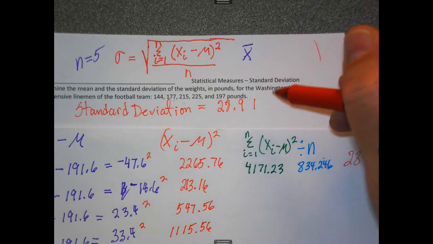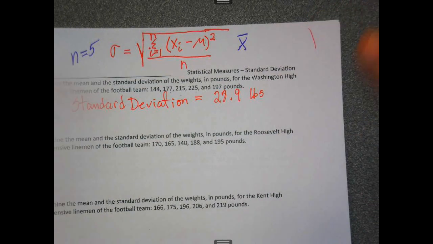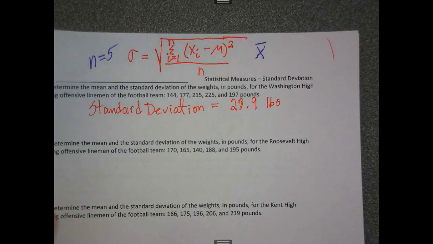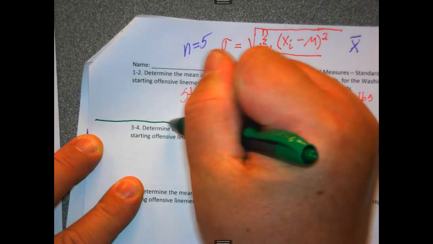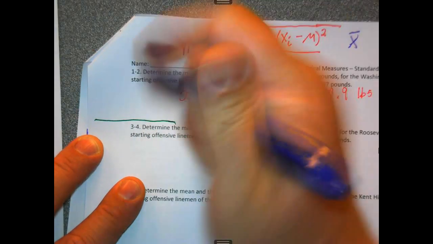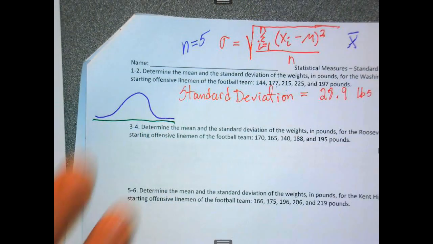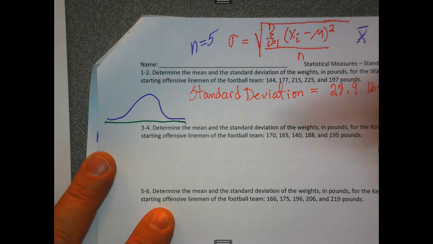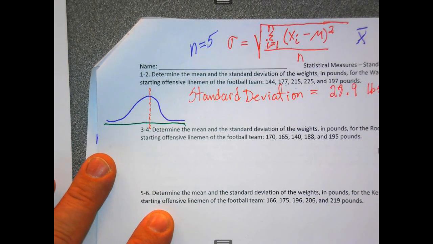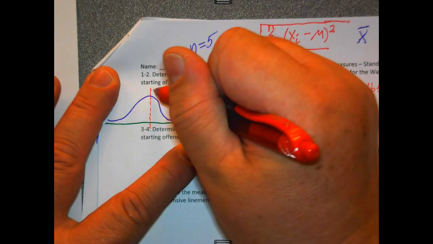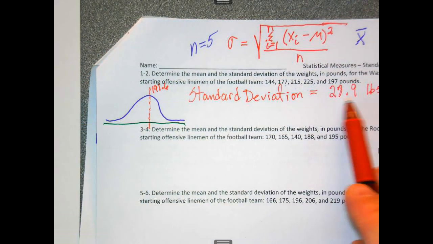Now, what does this mean? This means on our normal distribution curve, no, you don't have to put this on there. Here's my mean, which is, what did we say the mean was? 191.6. So we're going to add 28.9.